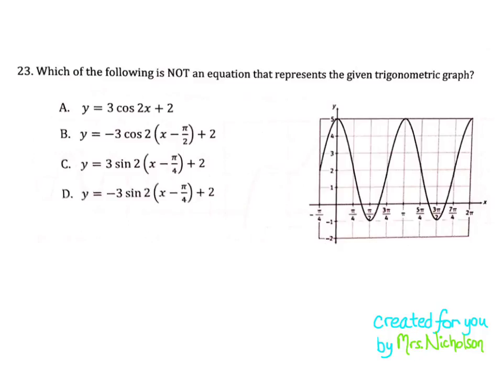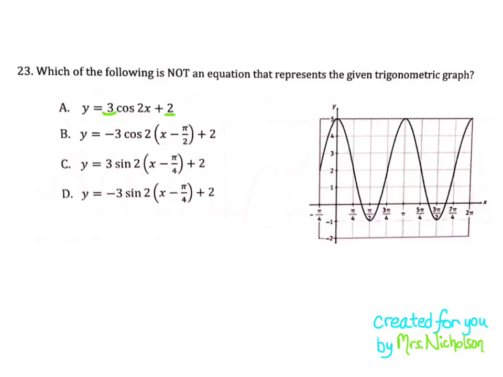All right. This next question, we're given a graph, a little multiple choice question here. We've got these 4 equations, and we want to know which one of them is not an equation that represents that particular graph. So as I look at my answer choices there, they all have the same amplitude of 3. We've got the same vertical shift of 2.